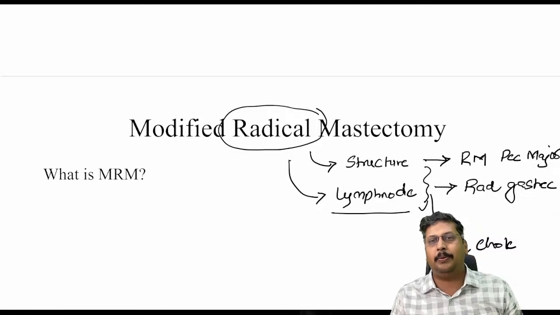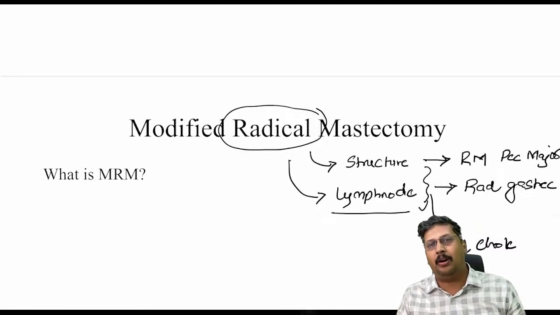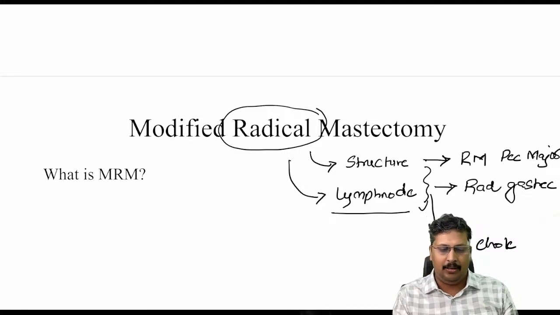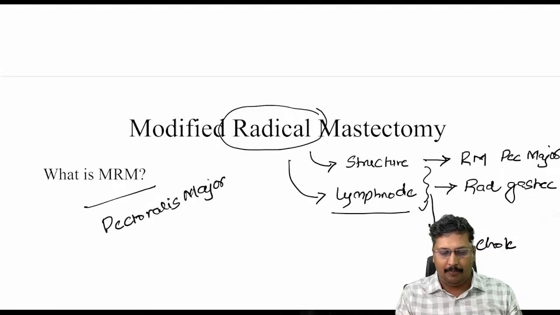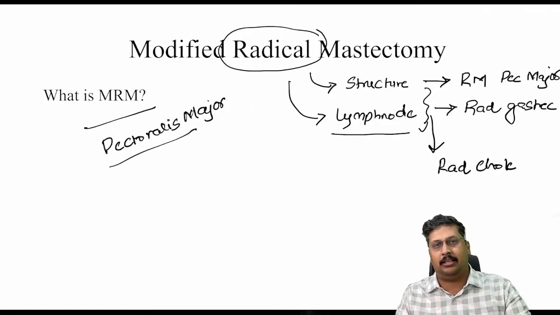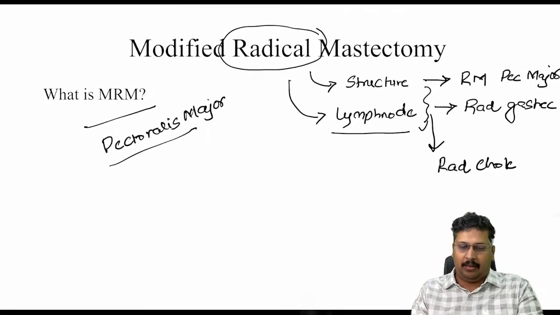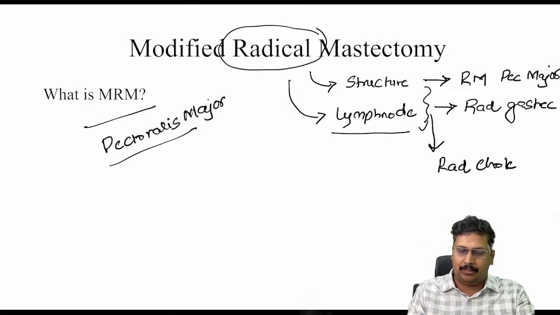Here, what we have modified in radical mastectomy, in MRM, is that we are preserving pectoralis major. Pectoralis major is not removed in modified radical mastectomy. Then we may have a doubt, what are all the structures that are actually being removed in modified radical mastectomy? Here we have to remember, we will remove mainly 4 different structures.